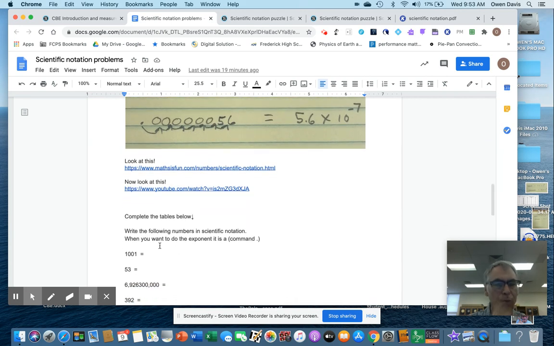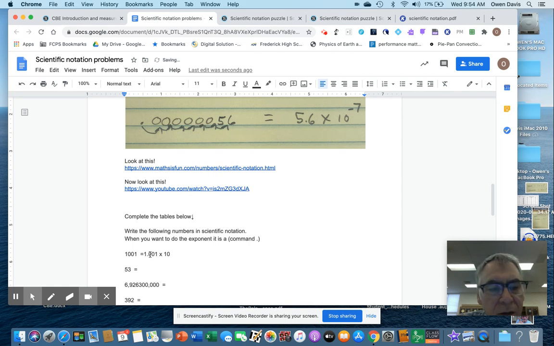So if I was to do 1001, what I'm going to do is put the decimal place right here after the 1, and then you're going to go 1 to the left, 2 to the left, 3 to the left, and you're going to write 1.001, and then you have to do times 10.